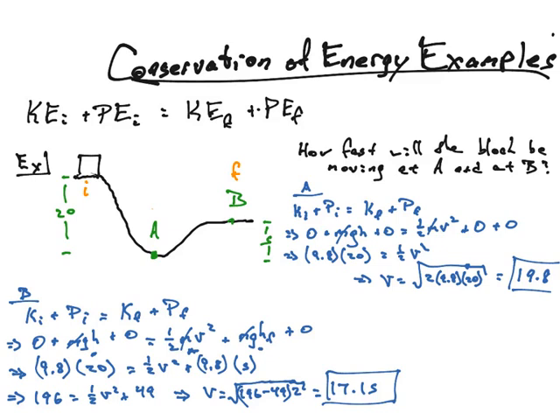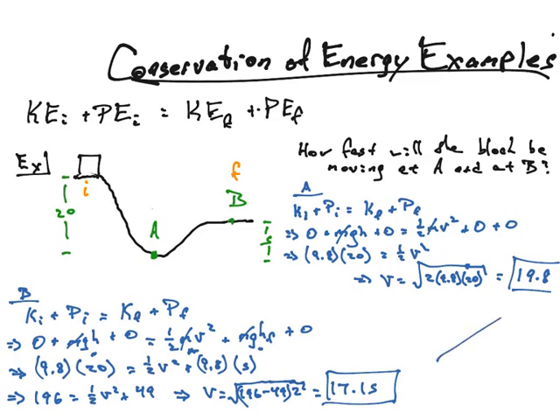Well, if you think about it, think about an object moving along the ground. Let's say you roll the ball along the ground, so it's at A, and then it goes up a hill. As it tries to go up the hill, will it slow down or will it speed up? Obviously, it's going to slow down as it tries to go up the hill. So my assumption would be the velocity at B should be less than the velocity at A. And is that true?